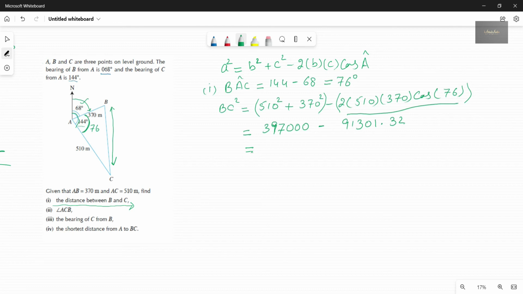The answer is 305698.68. Now always remember that the first answer you get from here is BC squared, meaning side squared. We need the actual side, so we take the square root of the answer.